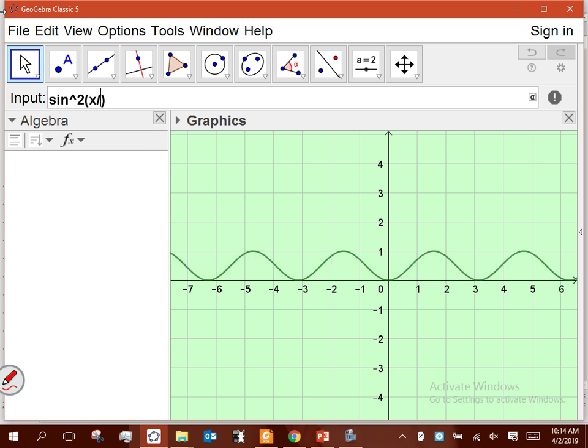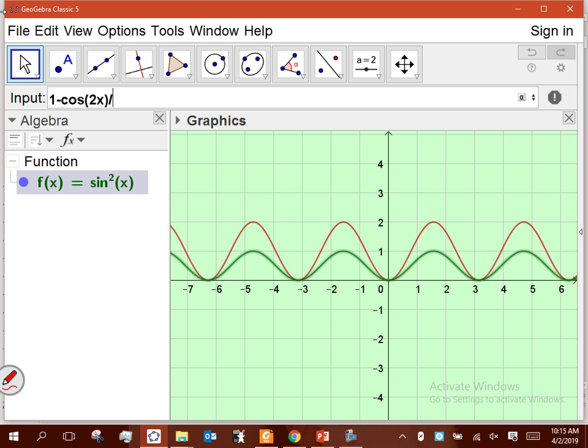What I want to do here is just show you, if I have sine squared of x, it looks like that, right? Okay. Now, if I end up with 1 minus cosine of 2x all over, so those look the same, right? Or somewhat the same. But what is different about that red one?